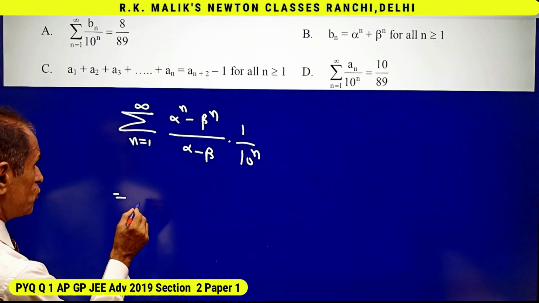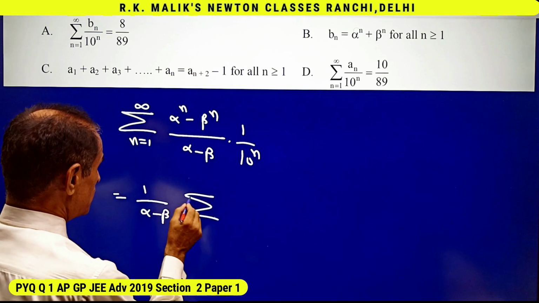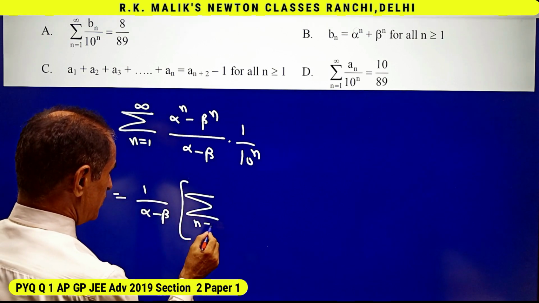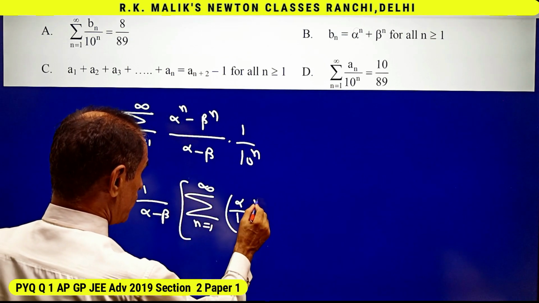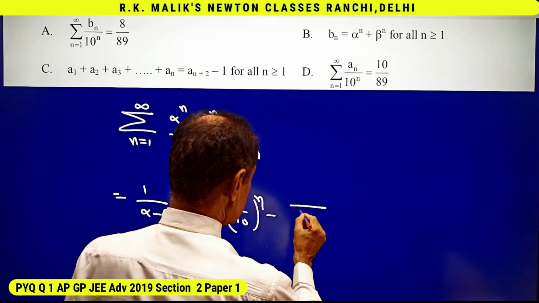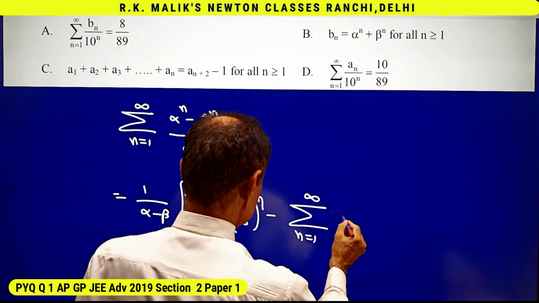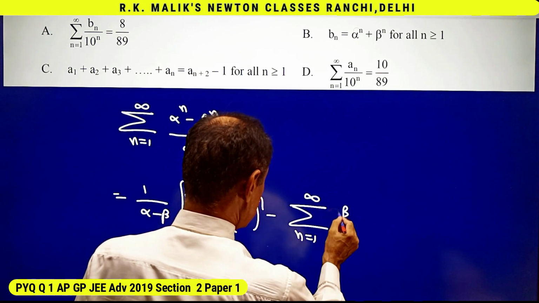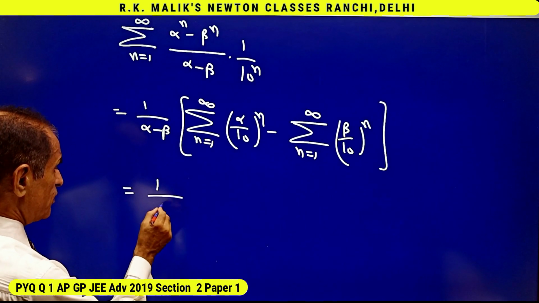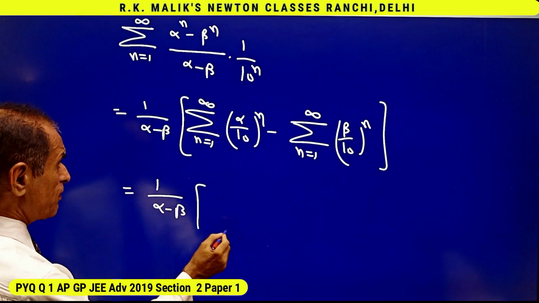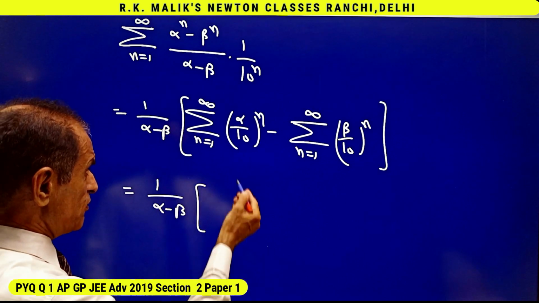That is, this is equal to 1 upon alpha minus beta, sigma n equal to 1 to infinity (alpha by 10) to the power n minus sigma n equal to 1 to infinity (beta by 10) to the power n. Clearly both are infinite GPs.